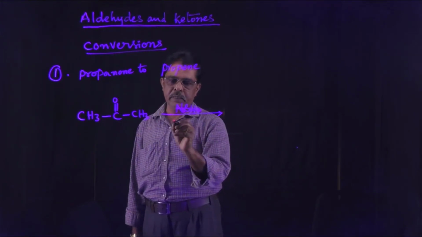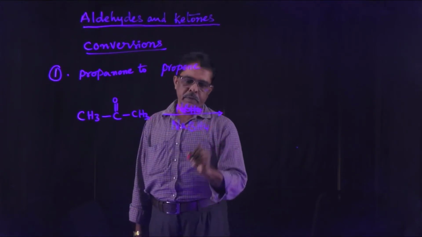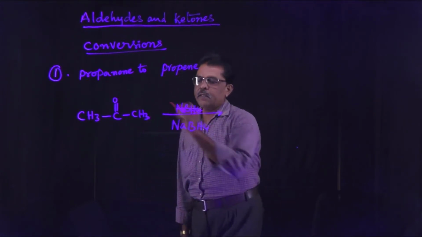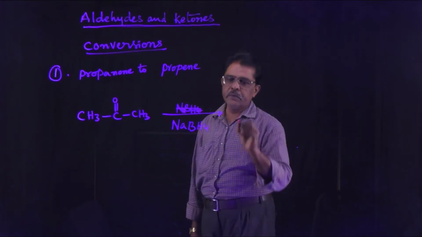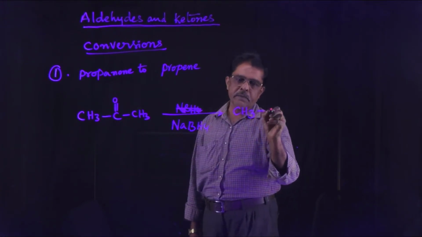Suppose I want to write here NaBH4, right? Then it is reduced to secondary alcohol, CH3 CHOH CH3.